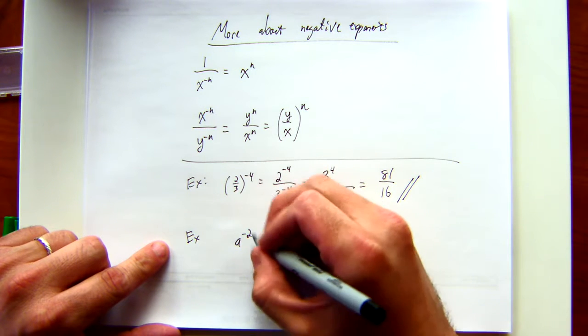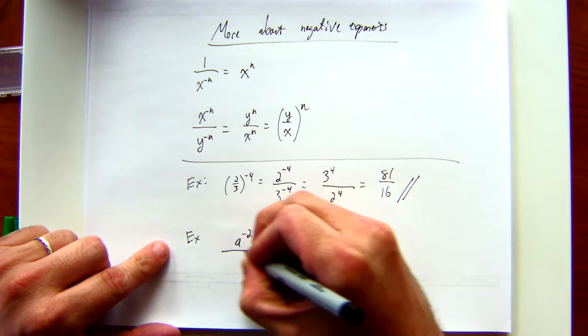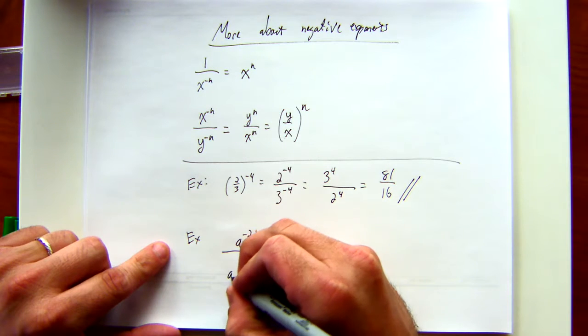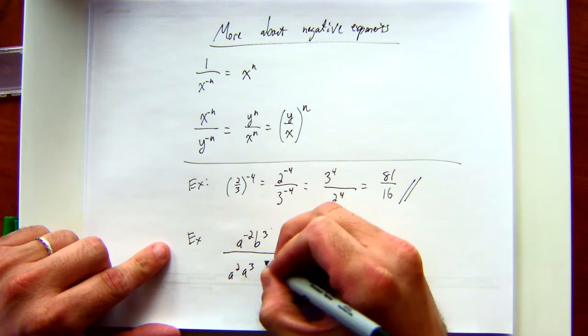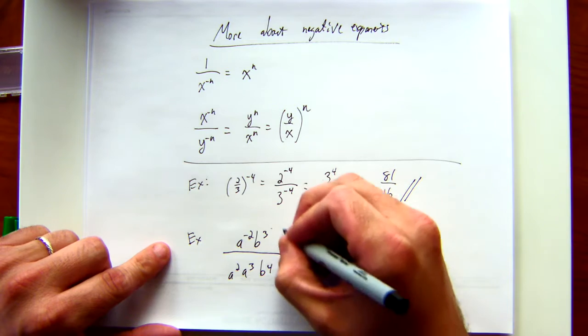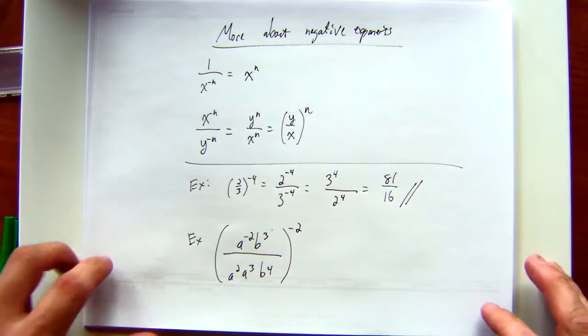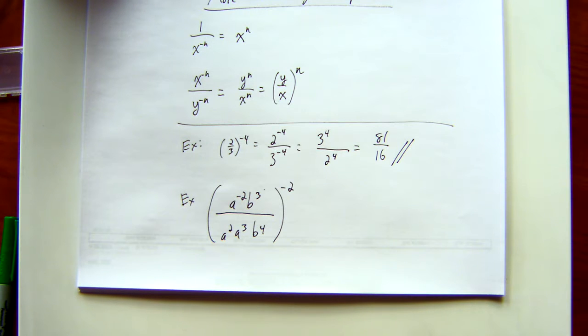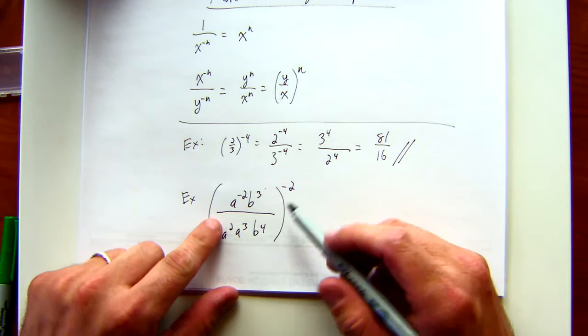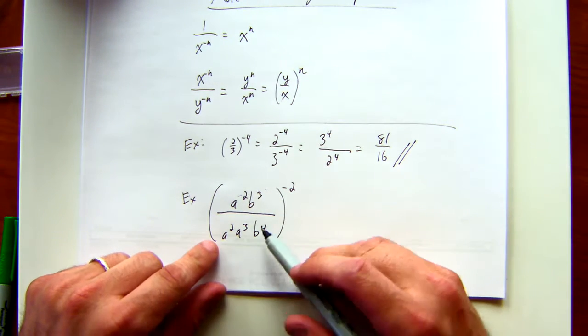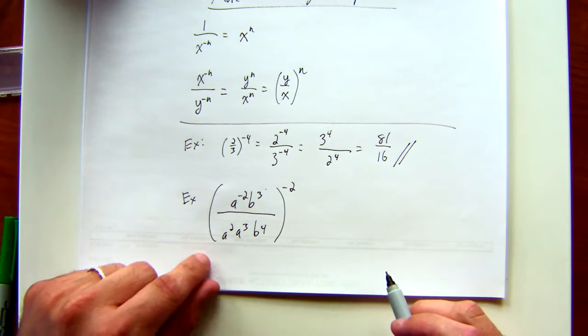a to the negative 2, b cubed, all over a squared, a cubed, b to the 4th, all raised to the negative 2 power. Let's see. Can we simplify the denominator any?